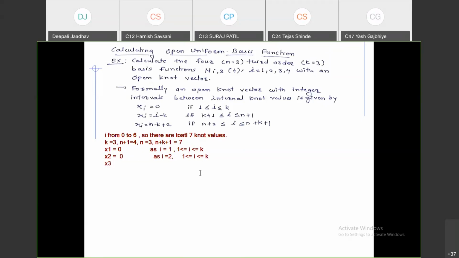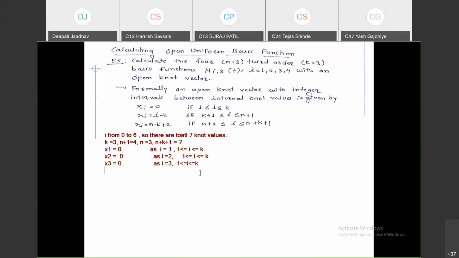What is the value of i? It is 3. So as i is equal to 3 and this is greater than or equal to 1 and less than or equal to k, that is 3, again x3 is equal to 0. So in this way the first three values are 0.